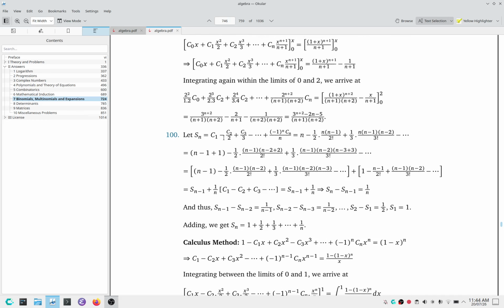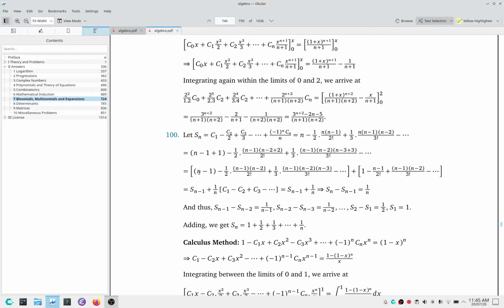So we let Sn be the left hand side, which is n minus 1 upon 2 times n minus n into n minus 1 upon 2 plus 1 upon 3 times n into n minus 1 into n minus 2 upon factorial 3 and so on. So our right hand side becomes n minus 1 plus 1 minus half into n minus 2 times n minus 2 plus 2 upon 2 factorial plus 1 upon 3 into n minus 1 into n minus 2 into n minus 3 plus 3 upon 3 factorial and so on.